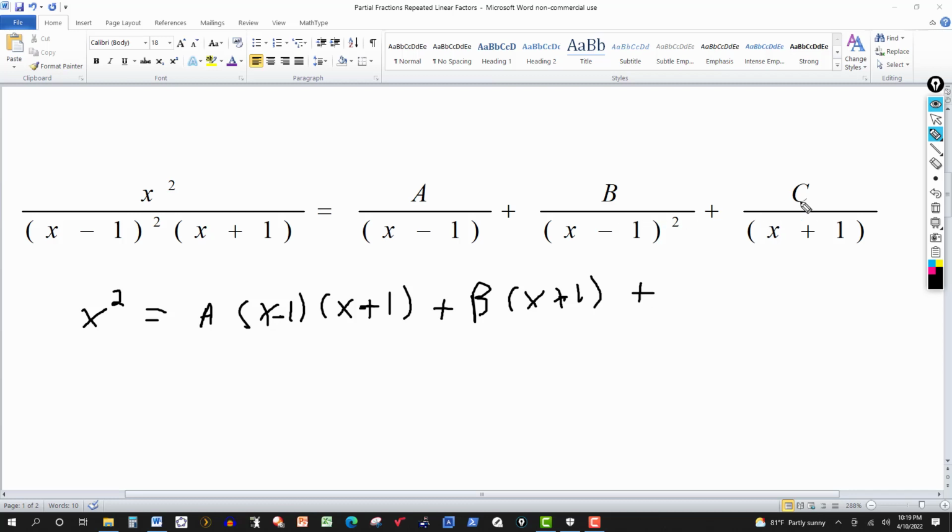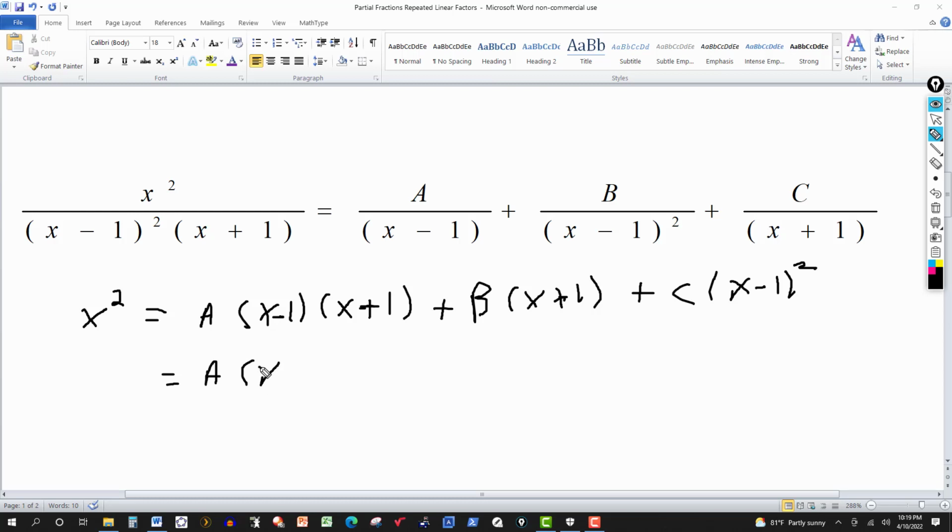Plus, and then multiplying the last expression, c over x plus 1, by the lowest common denominator, the x plus 1 will cancel, so this will give me c, and I have left over x minus 1 squared. Okay, so then this is going to equal a, and then I multiply this out, x minus 1 times x plus 1.